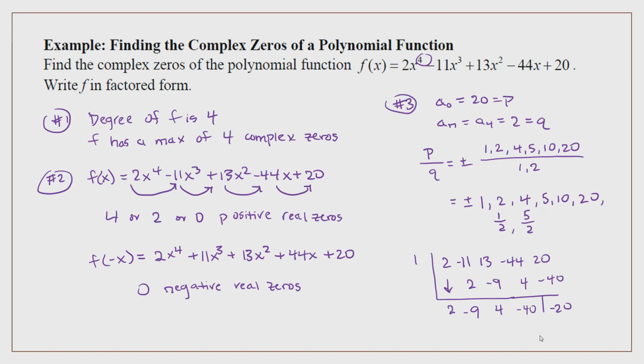Okay. So let's choose 5. Okay. So for 5, place in our coefficients. Then you can choose any number from that list.